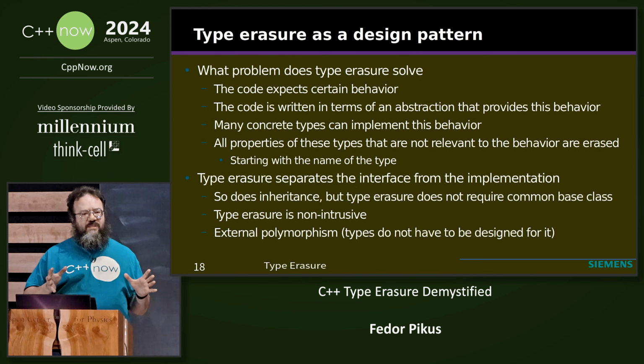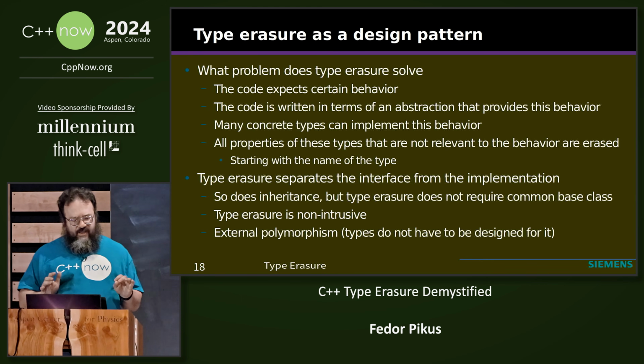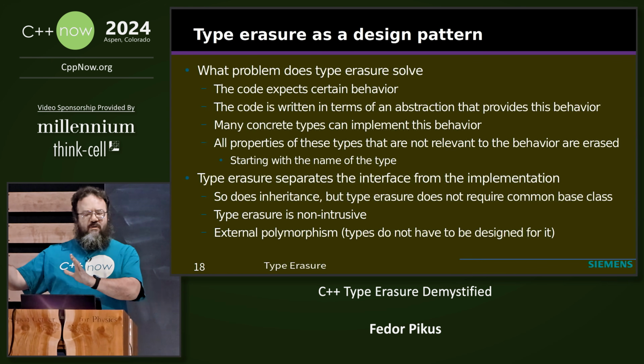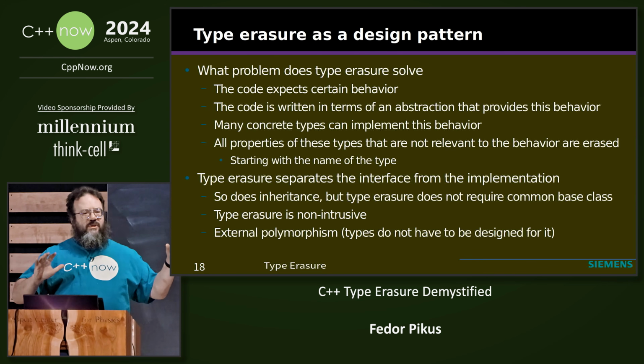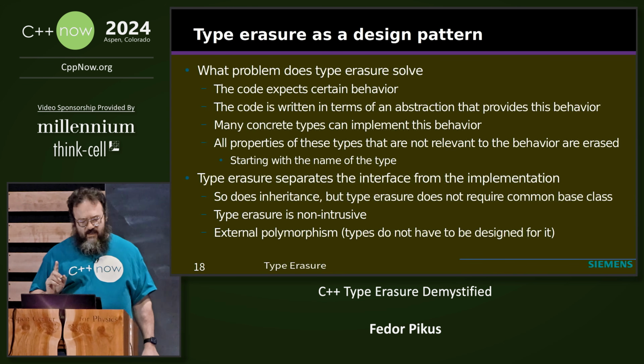First of all, with inheritance, the interface you inherit has to be the whole interface. You can separate it from the implementation, but you don't get to pick and choose half of the interface. You take that whole thing. Second, it's much more intrusive. You can't take some other arbitrary class that happens to have the same interface and say, I want to use it through inheritance. No, you have to derive it from that base class.